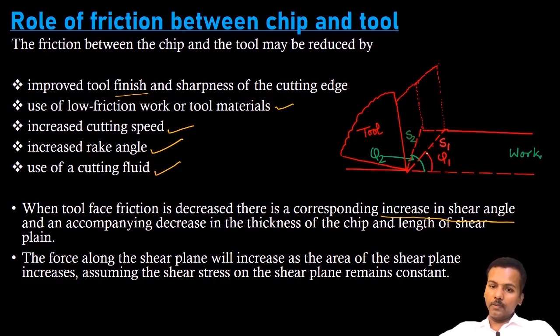Suppose this is the shear angle phi 1, when the shear angle is increased to phi 2, the chip thickness, you can observe, is reduced. So increasing the shear angle, there is a lower shear zone and correspondingly lower thickness.